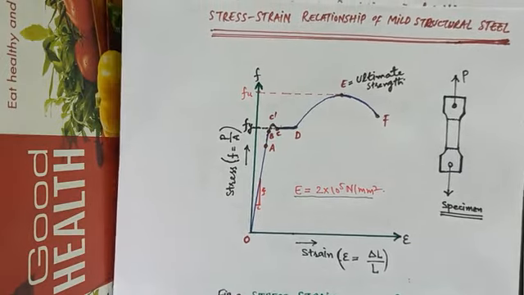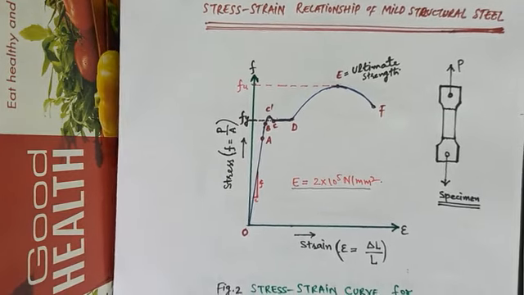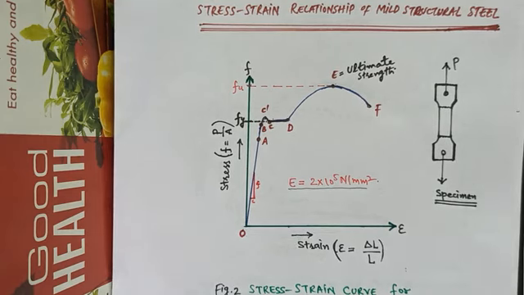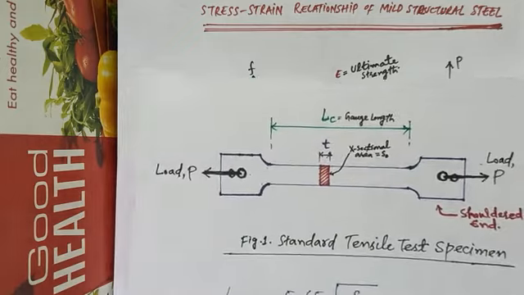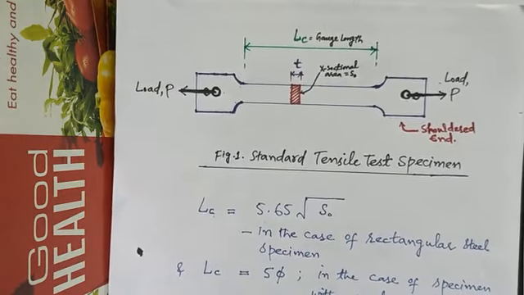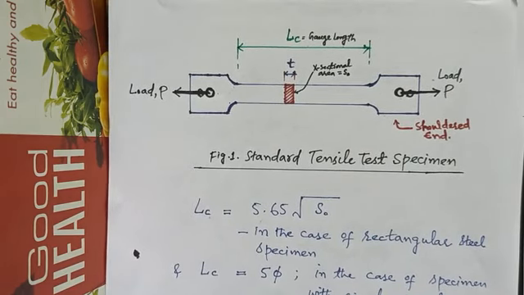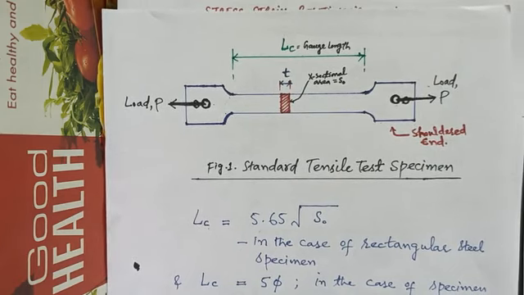So here is the stress strain relationship of mild structural steel, and the specifications for the standard tensile test specimen are also shown in the figure. Figure 1 shows the standard tensile test specimen specifications.